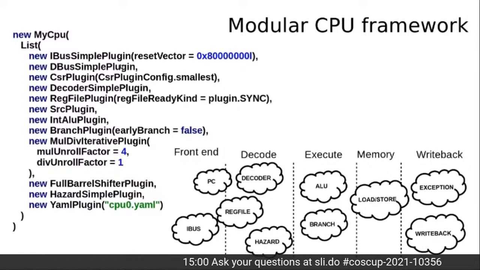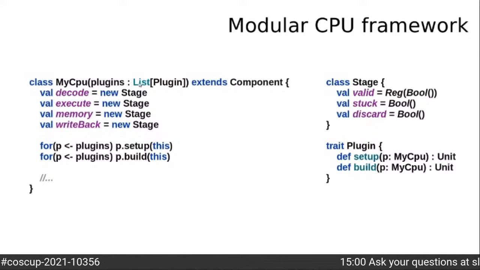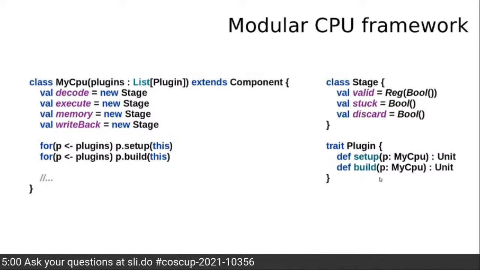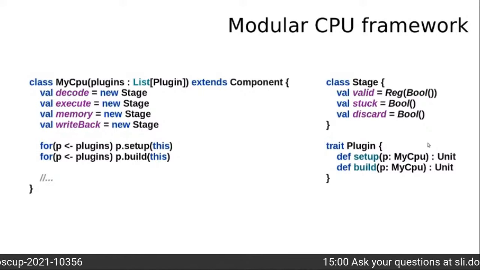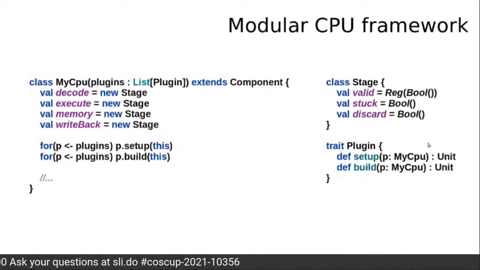So if we want to see how this is modeled, here is an example. My CPU will be a component which takes a Scala list of plugins. A plugin being a class with a setup function. So for instance, the setup function will be used by the integer plugin to ask the decoder plugin to decode the add instruction.